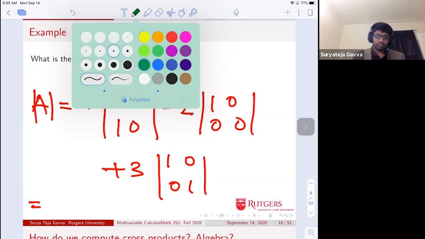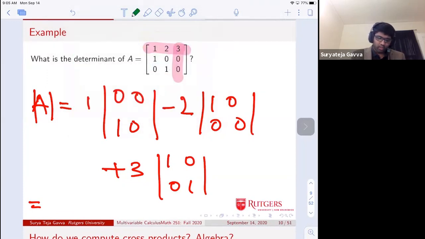Okay, the first determinant is 0 times 0 minus 1 times 0, which is 0, so it's 1 times 0. The second determinant is minus 2 times (1 times 0 minus 0 times 0), which is also 0.